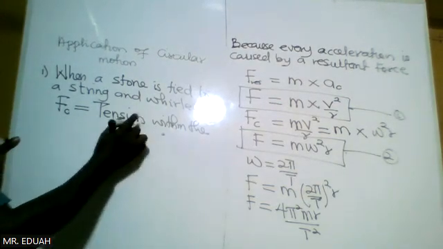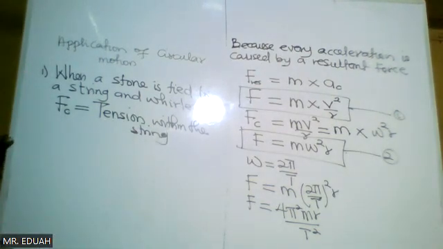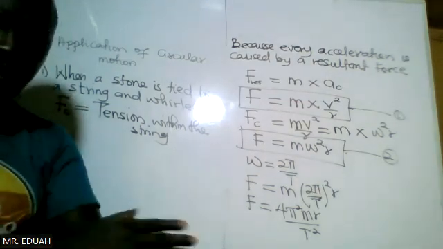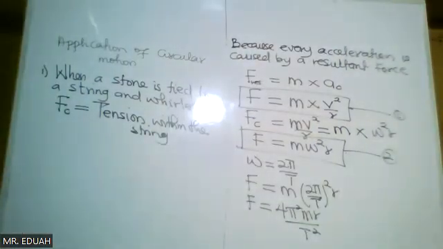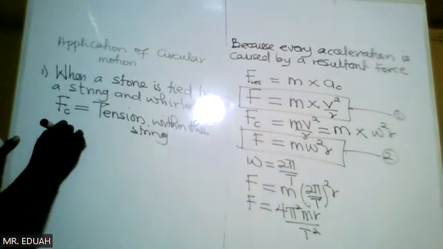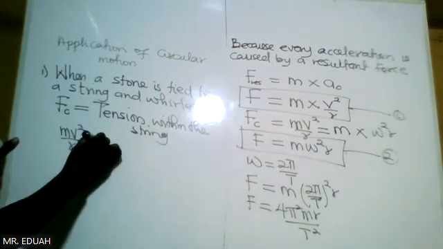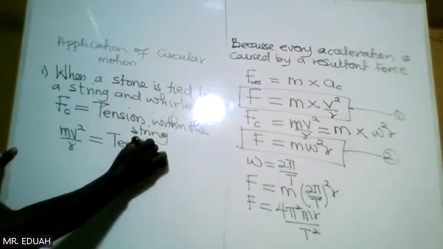The tensional force in the string provides the centripetal force. That is why when the string breaks, the stone is thrown away. So we said the centripetal force, m v squared over r, is equal to the tension in the string.